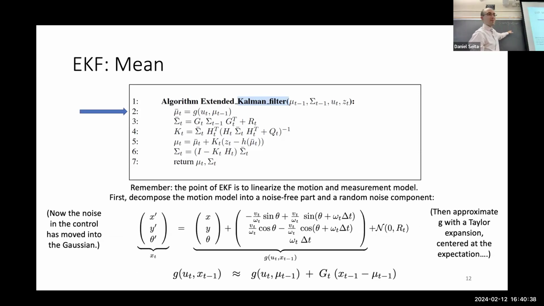So it's just the first line above, right?